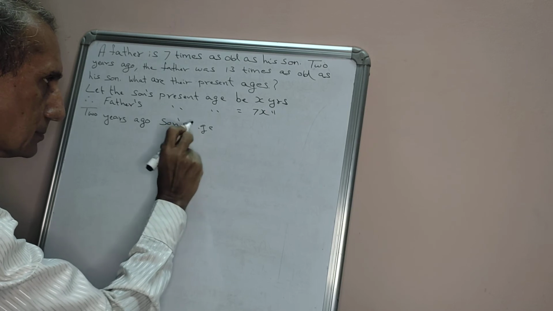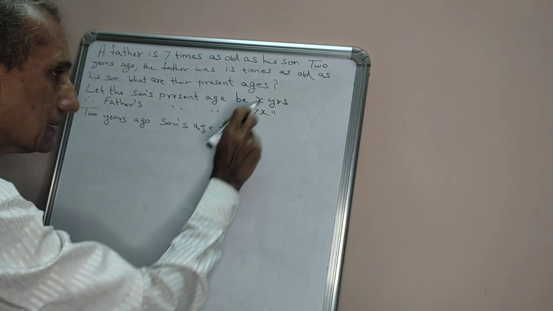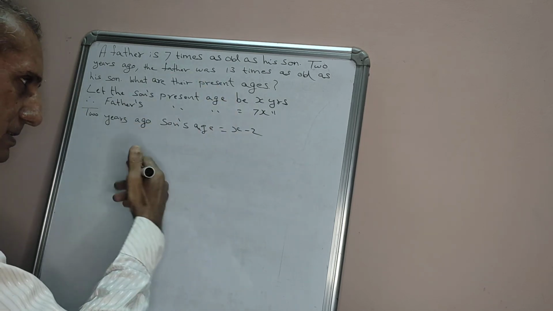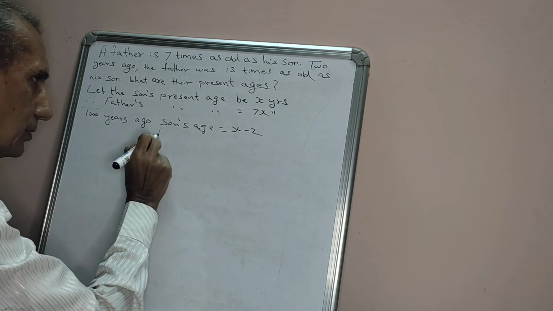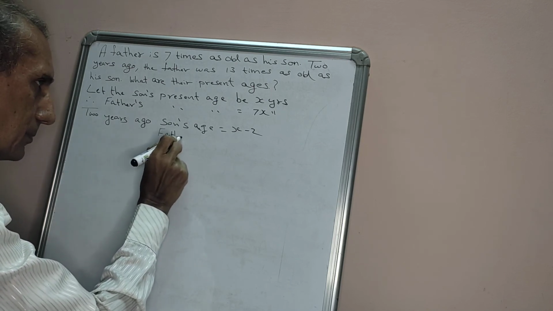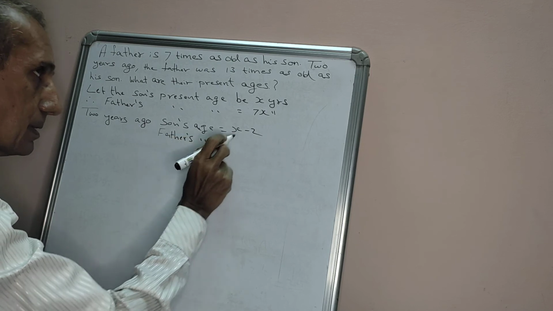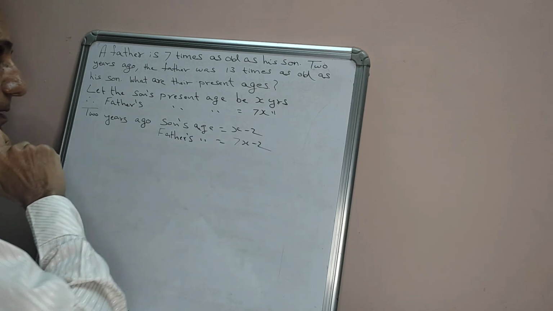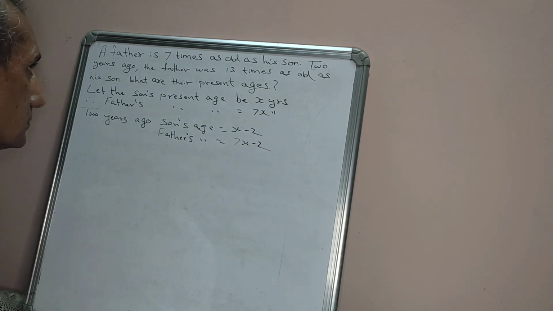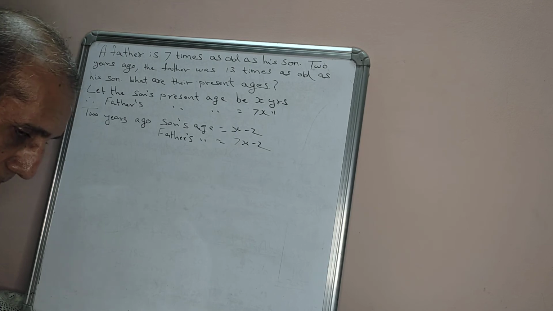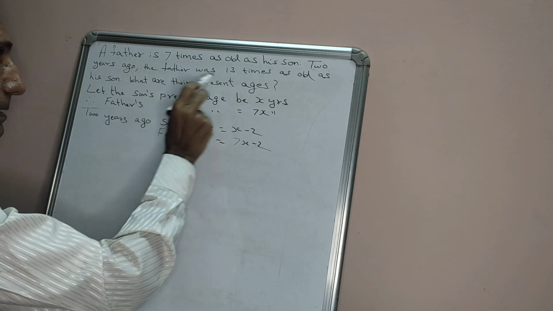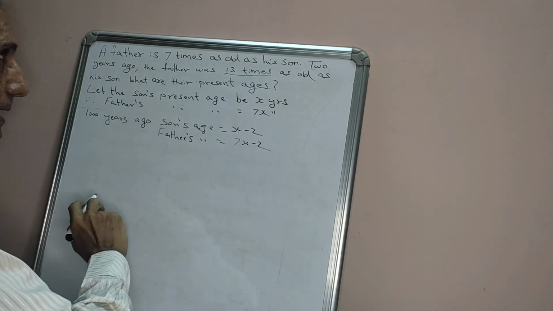the son's age is what? X minus 2. Because we now have x years, 2 years ago will be 2 years less. Okay, now 2 years ago the father's age would be what? 7x minus 2. Okay, now he says 13 times.